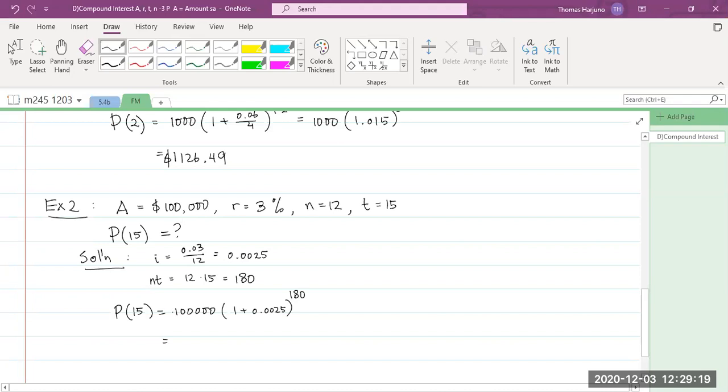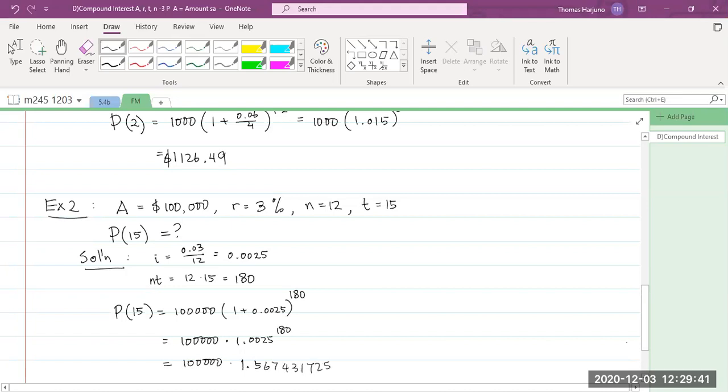1.0025 to the power of 180 is 1.56743175.